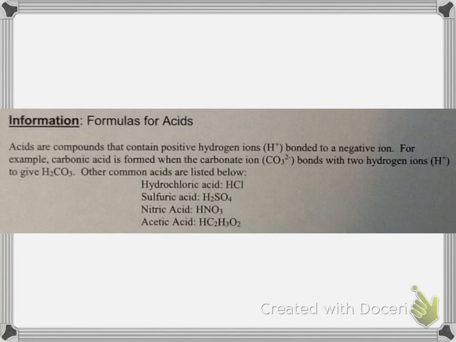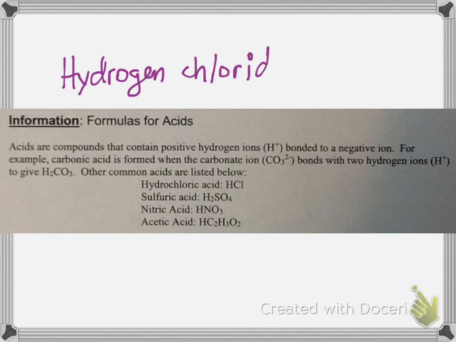Now, just on a side note, I will never call acids by their acid name. I will call hydrochloric acid hydrogen chloride because you can get its formula by writing its formula like it's an ionic compound. Sulfuric acid will be hydrogen sulfate.